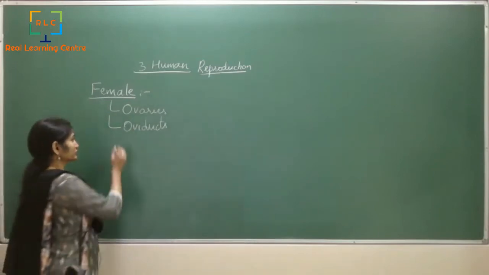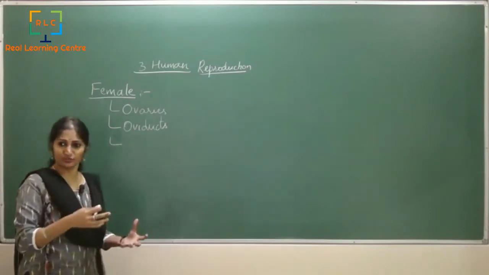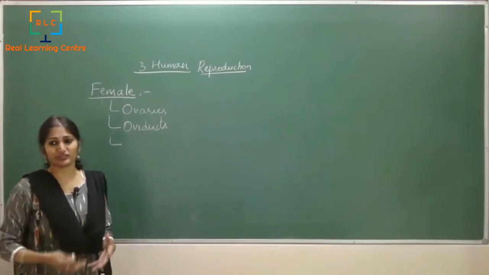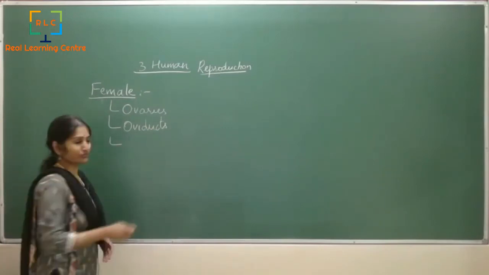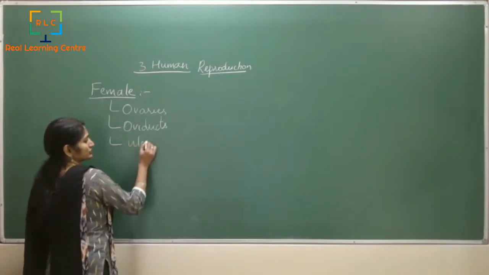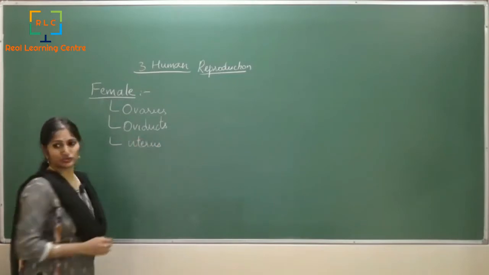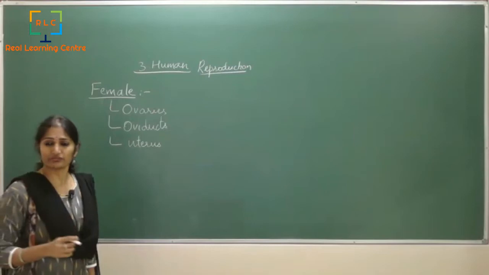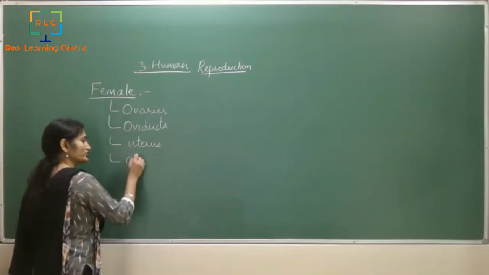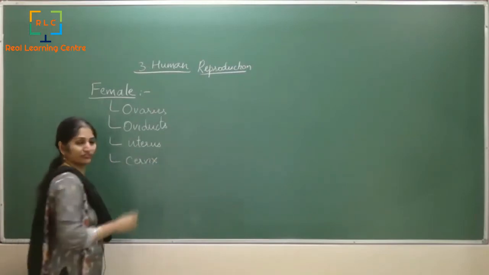Then we have a sac-like structure which helps in the development, the growth of the embryo, which is called the uterus. And then we have a region which is called the cervix.